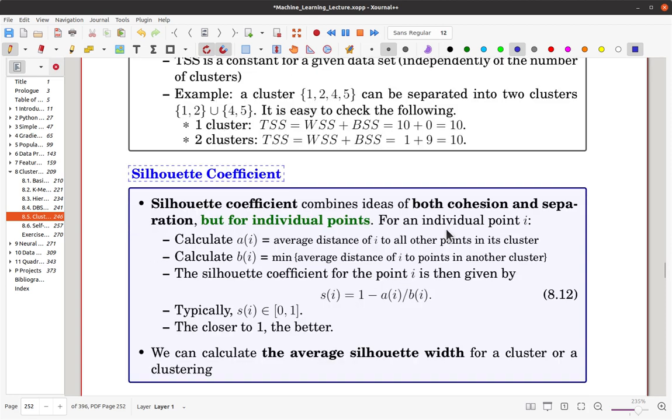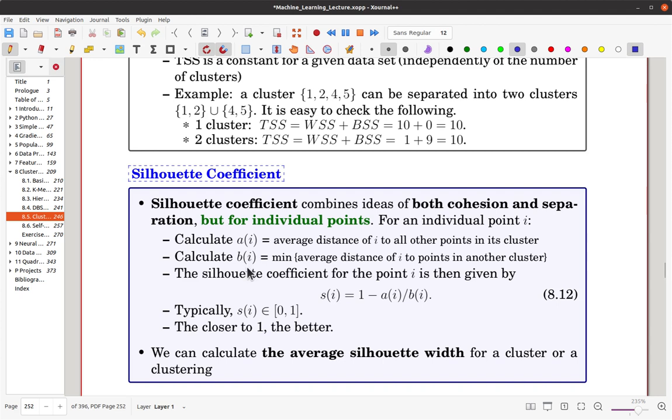For each ith point, first we calculate a_i, that is the average distance of i to all other points in the same cluster, so the within-cluster average distance is assigned to a_i.